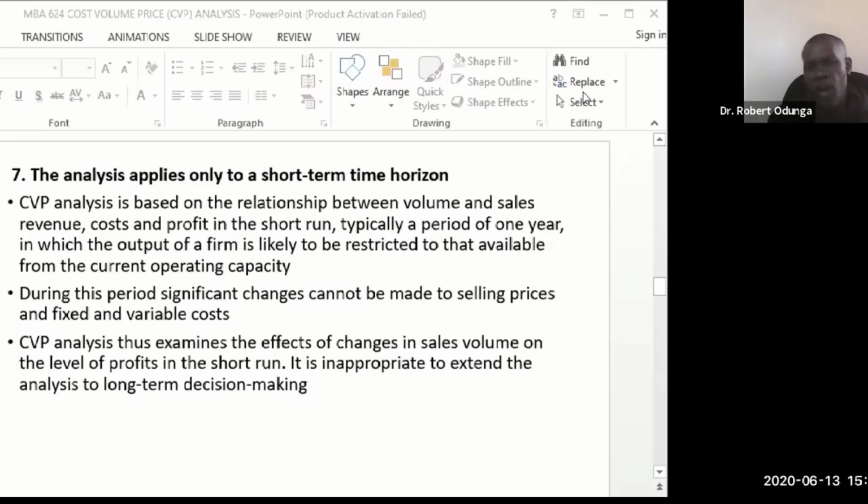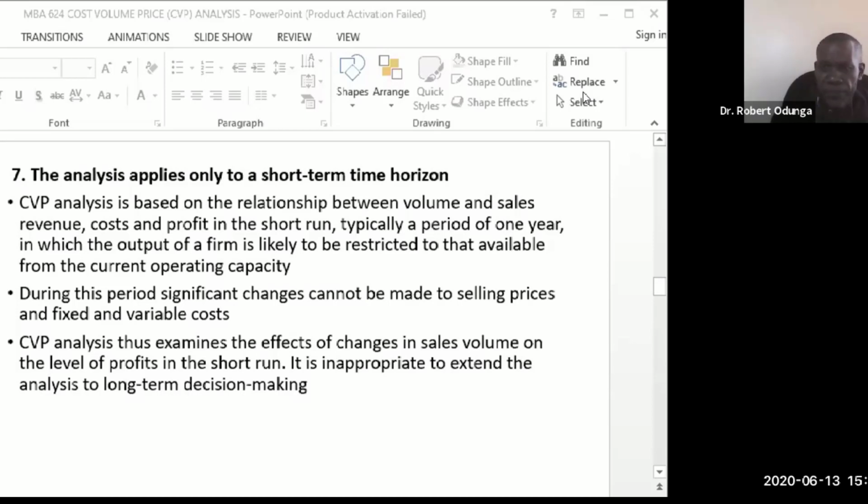For example, how would you tell that you now need to increase your bed capacity? If you have to step up your profits, these are decisions you make in a short-term period, but you realize that we need to increase our bed capacity so that we have more of our customers admitted in the hospital.